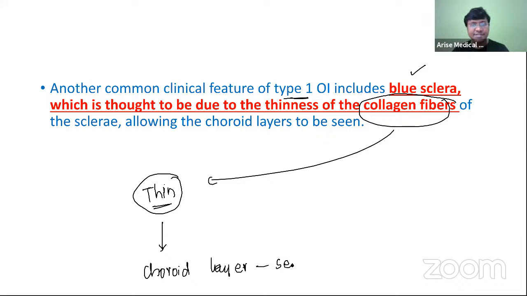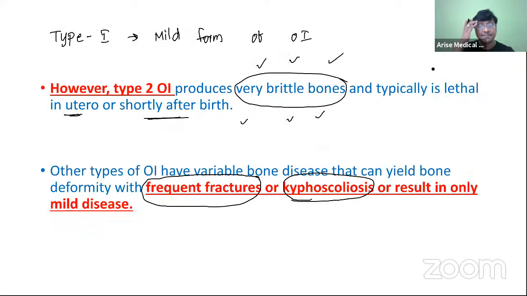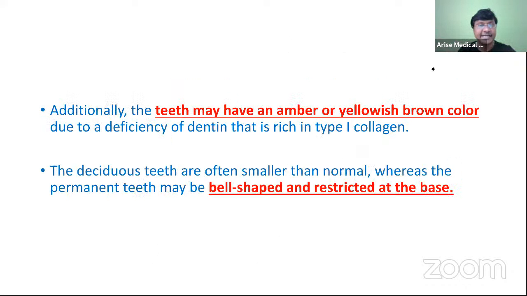These choroid layers are bluish in color, and that is the reason why you have blue sclera. So that is about type 1 and type 2 osteogenesis imperfecta.